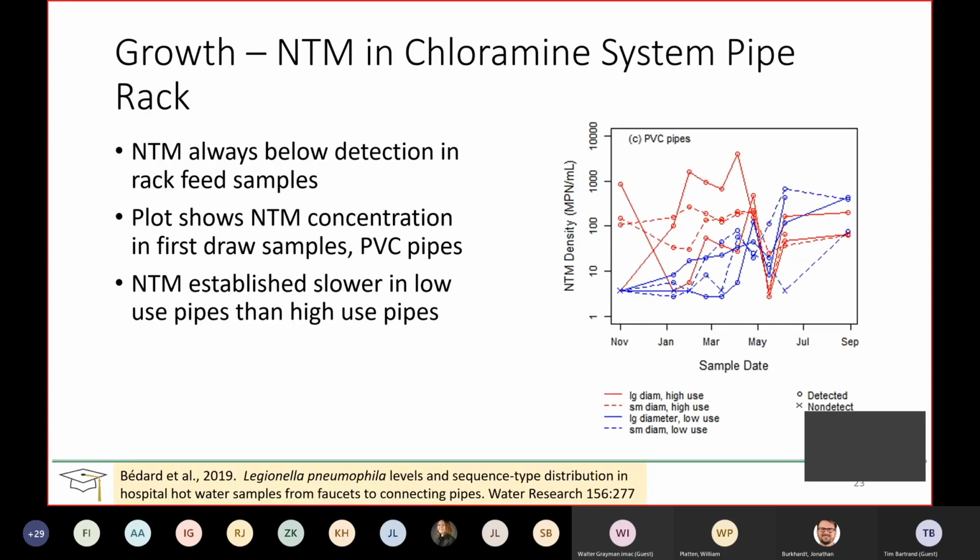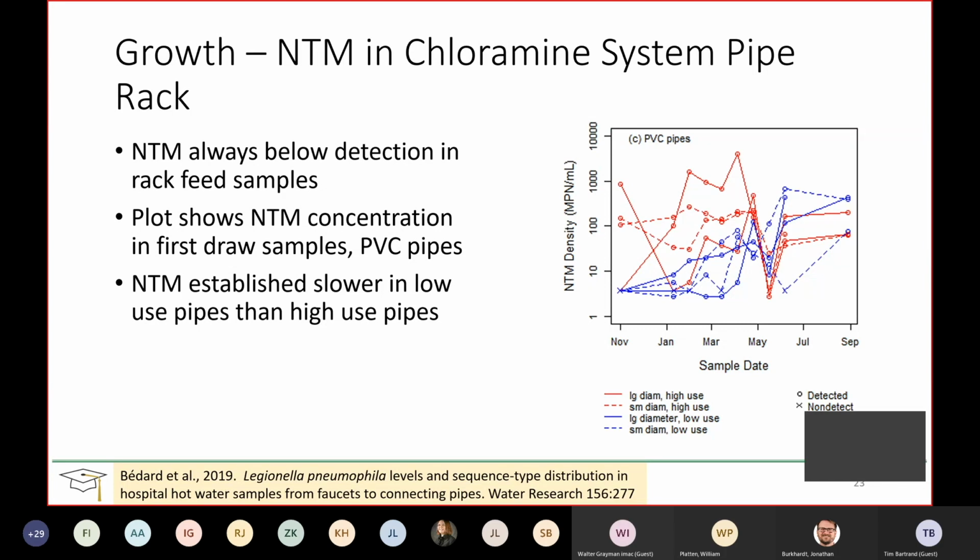In growth, we see that microorganisms, here the plot shows microorganism concentration, or NTM concentration, over the study period in the cold water or PVC pipes. The red solid line is large diameter high use pipes.